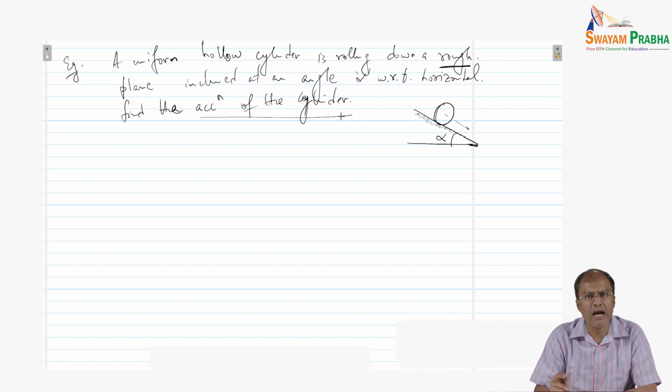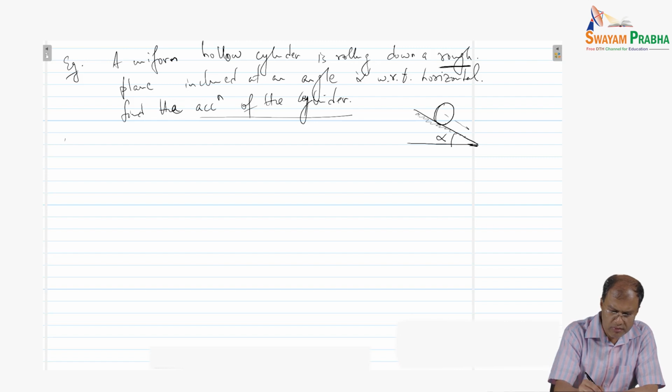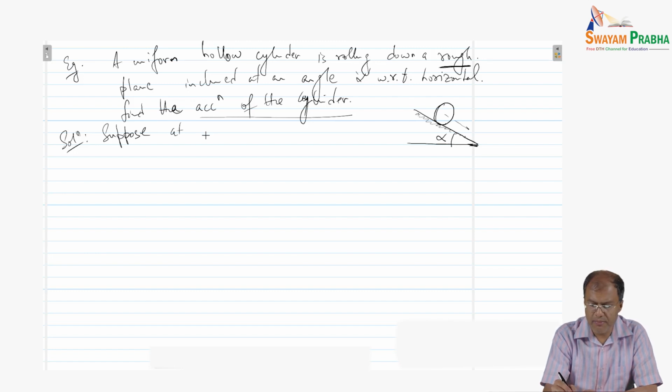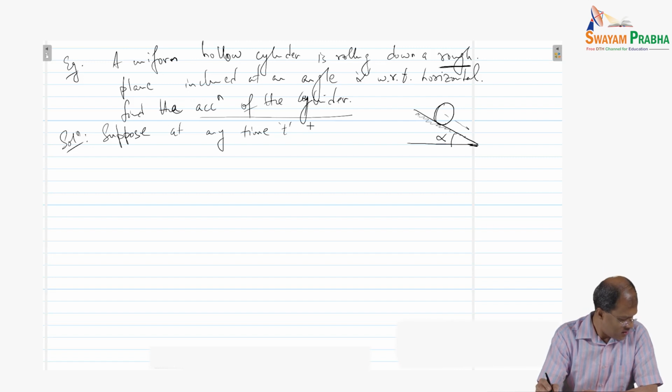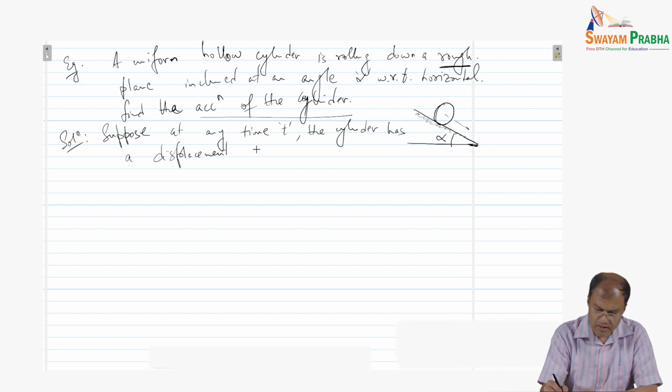So we can try and write down the total energy of the system. Suppose that at any given time t, the cylinder has a displacement x along the plane.